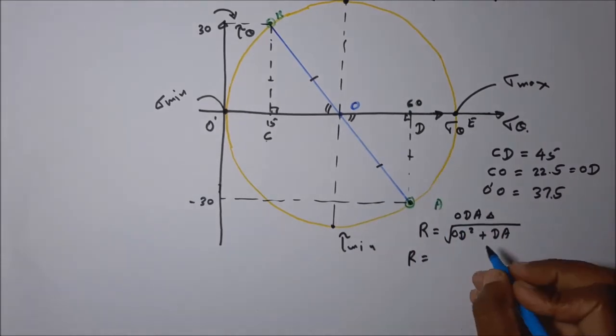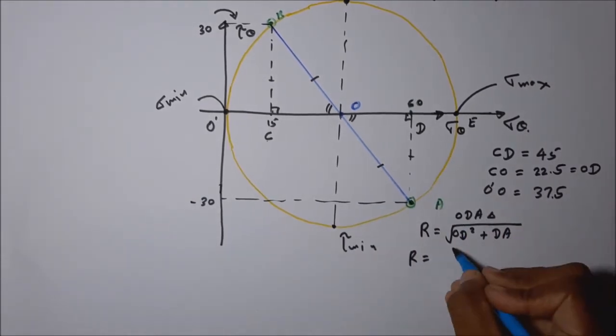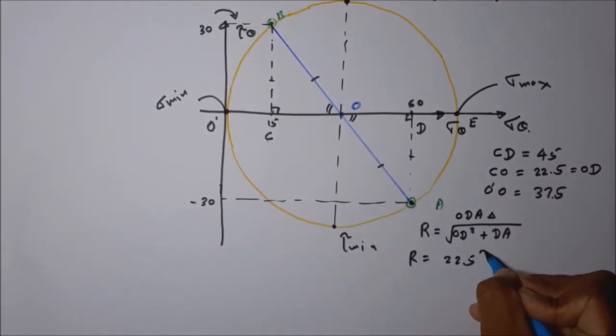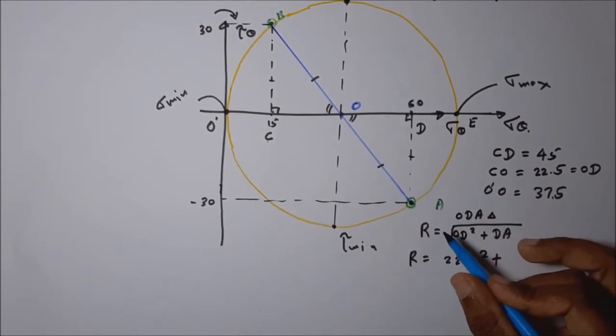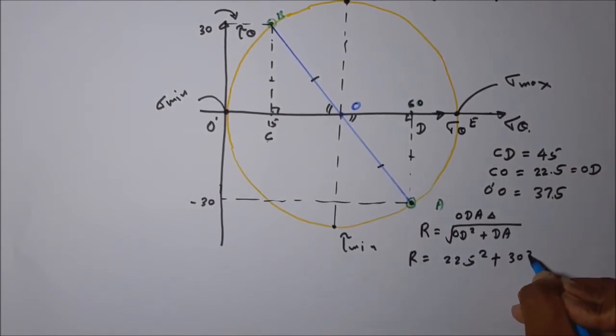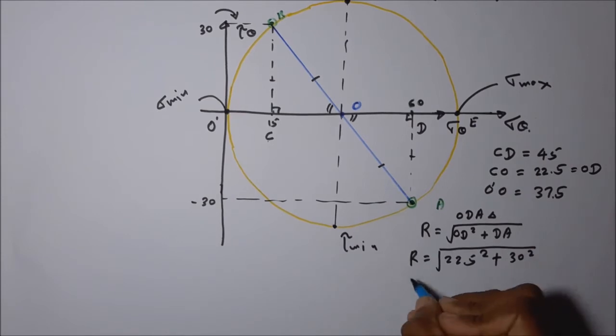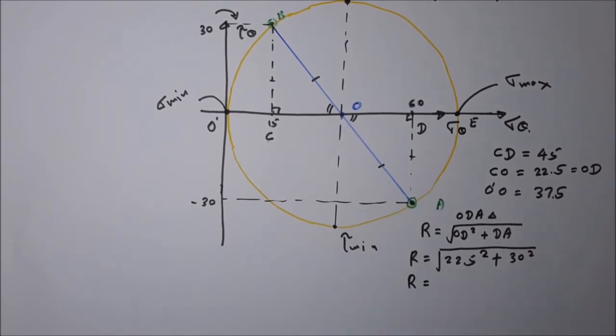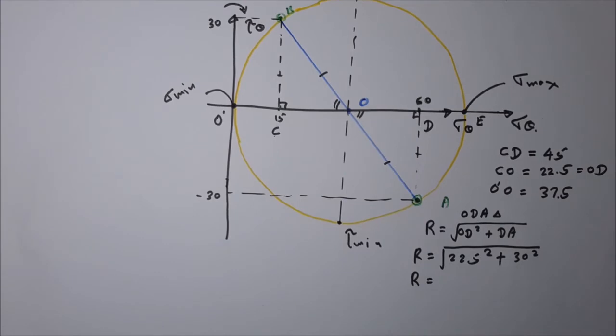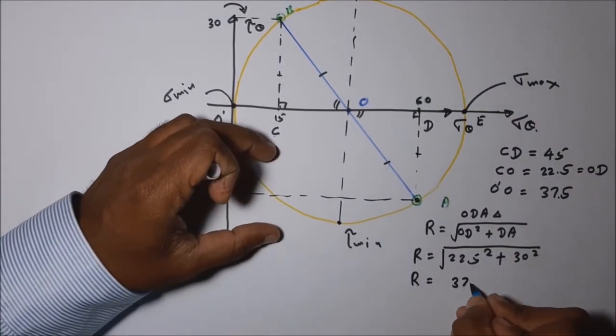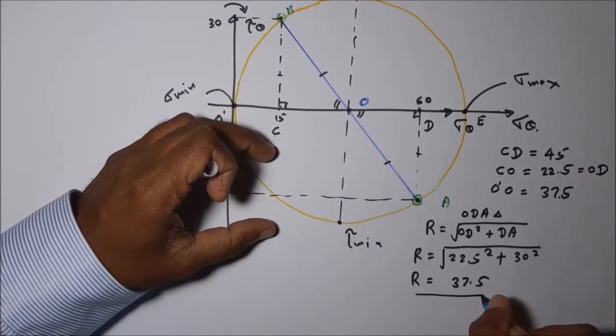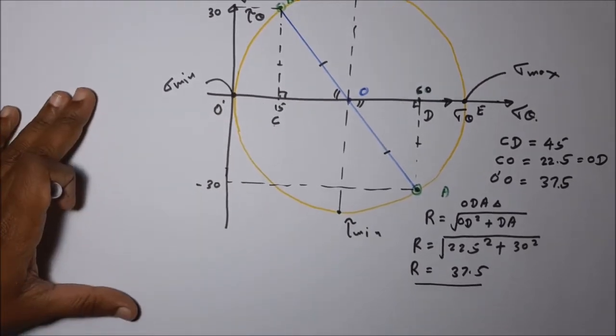OD is equal to 22.5 squared plus DA. What is DA? 30 squared. Then for the R we are getting 37.5.